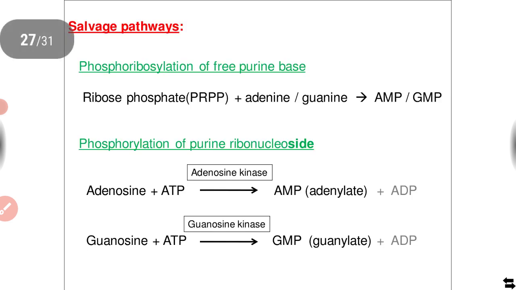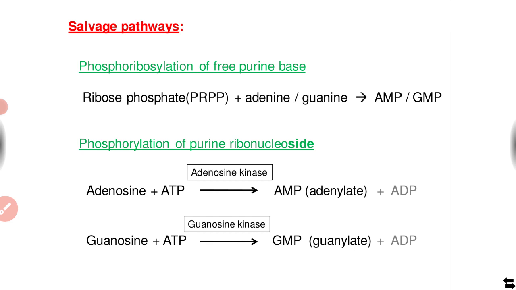So salvage pathway happens either by phosphoribosylation of a free purine base or phosphorylation of a purine nucleoside. So when phosphoribosyl pyrophosphate is added to adenine and guanine by adenosine phosphoribosyl transferase or guanosine phosphoribosyl transferase.